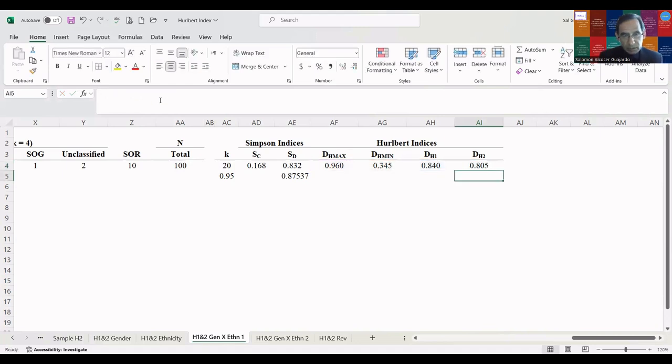And that's going to give me a relative diversity score of 0.805 or 0.81. Again, indicating that there's an 81% chance that two individuals of a different ethnic and gender group will come in contact with each other. It also indicates that 81% of the maximum relative score was obtained.